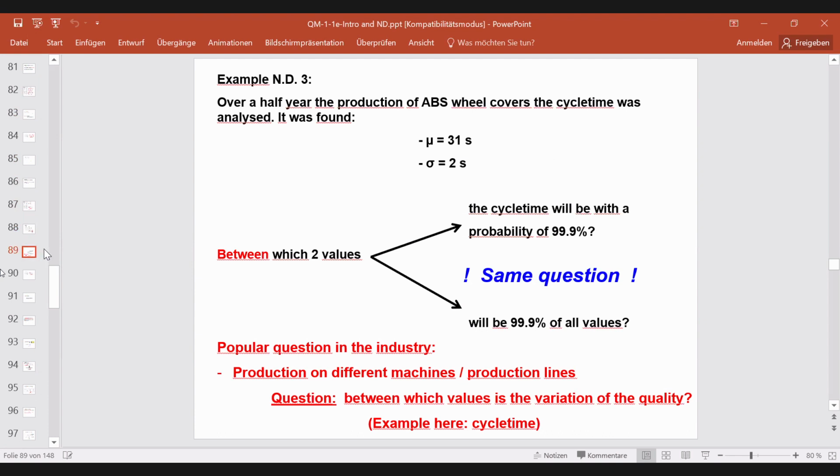Well, the third example here regarding these tables.